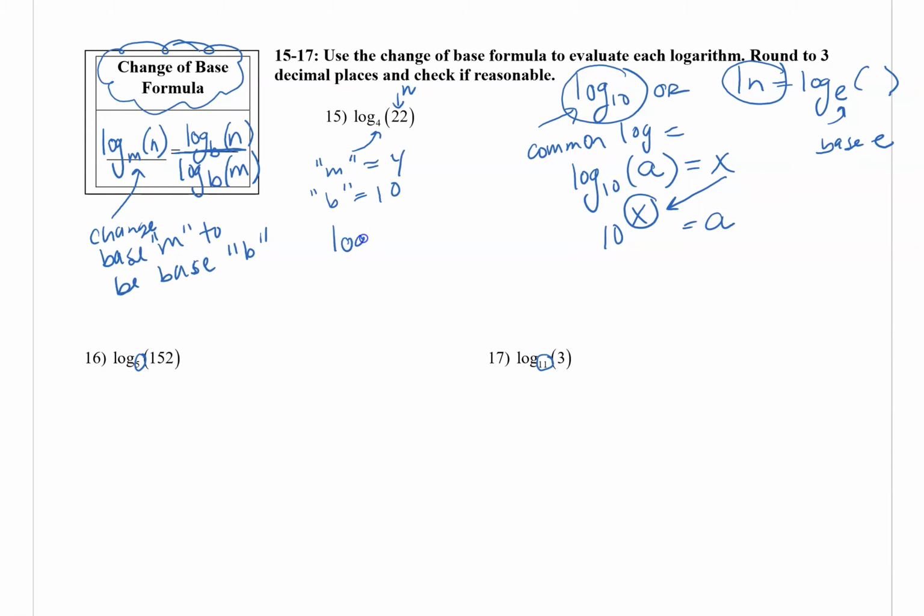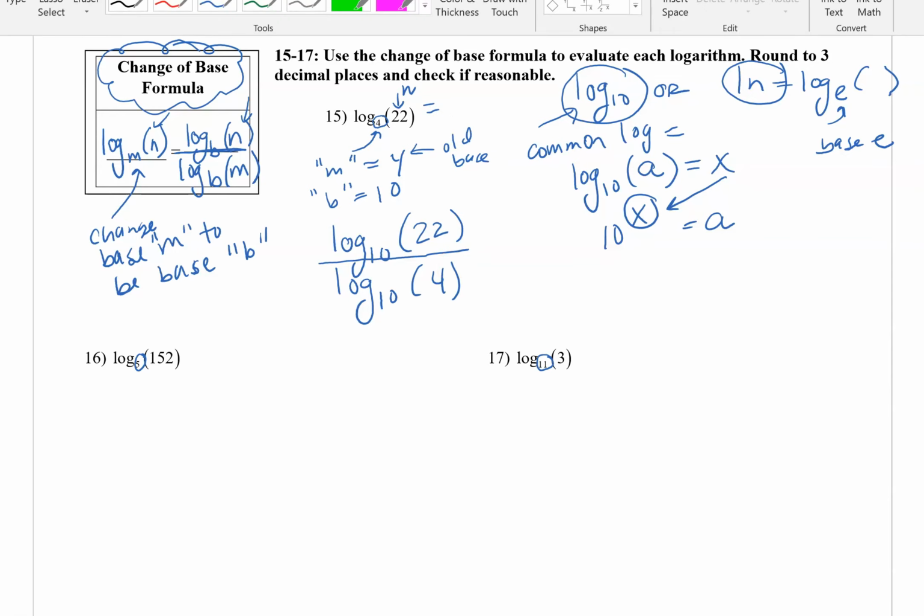I would say, well, I want a base 10, so I have the 22 in there, because that's the formula, it puts the old input in the top one. Then I divide that by log base 10 of the old base. In this case, my original base is 4. So I can find log base 4 of 22 by doing log of 22 divided by log of 4.